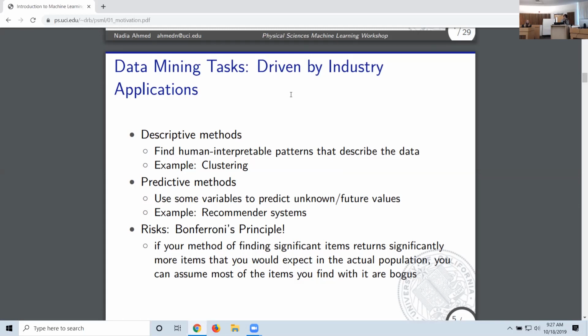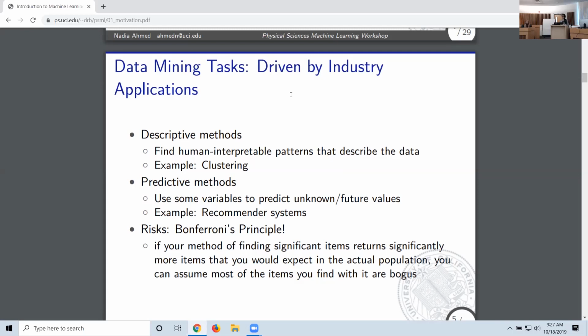Now, the one thing that you have to be careful of whenever you're using machine learning techniques is this particular risk that they often emphasize called Bonferroni's principle. Let's say that you come in with this intent: I have a hypothesis, and my hypothesis is that X causes Y, right? If you go in with that mindset already, you could potentially be hurting yourself, because now you might introduce all sorts of biases that, unbeknownst to you, you're building into your modeling.